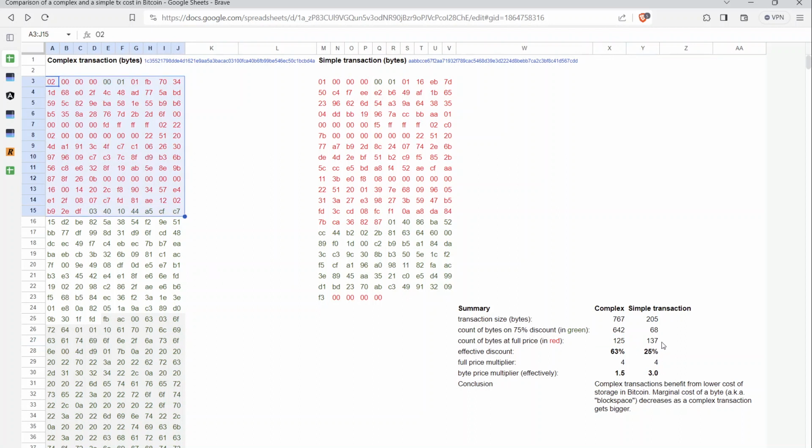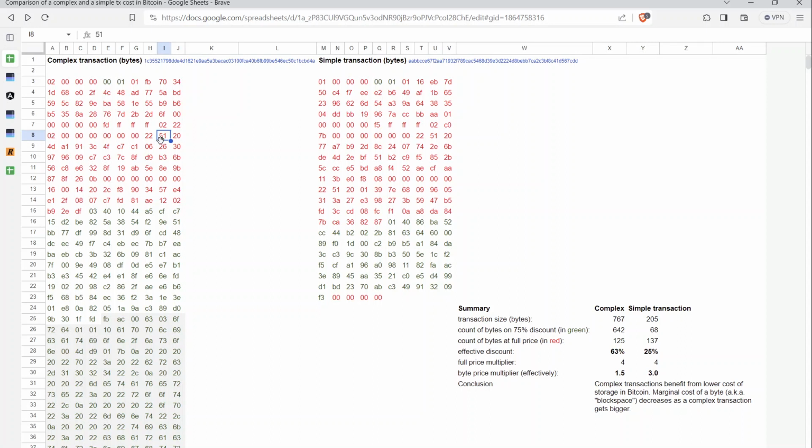And in the simple transaction, the issuer had to pay for 137 bytes. What it means is that overall, if we take the whole transaction as a whole, there are fewer bytes which cost the full price in the complex transaction.